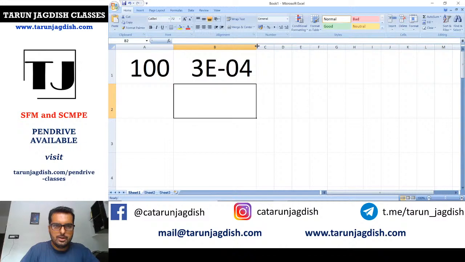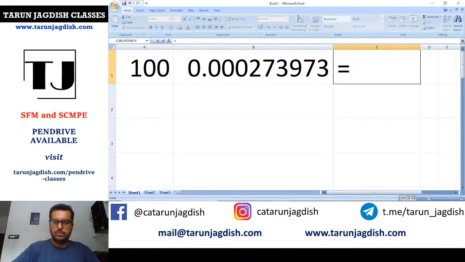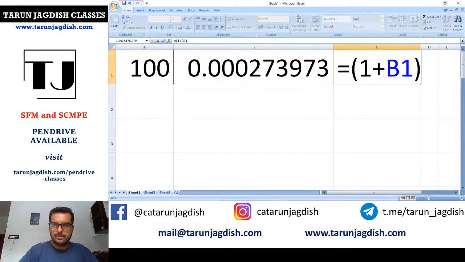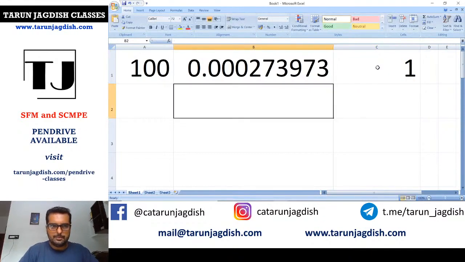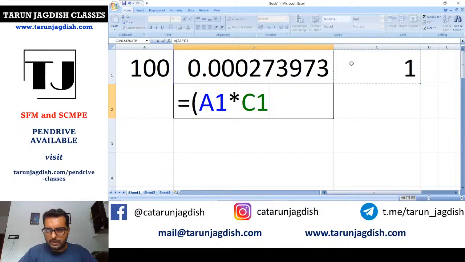Am I right? So it should be equal to 1 plus this, which will give us this answer. So I should be doing 100 into whatever number I got over here, whole power 365. Am I right?